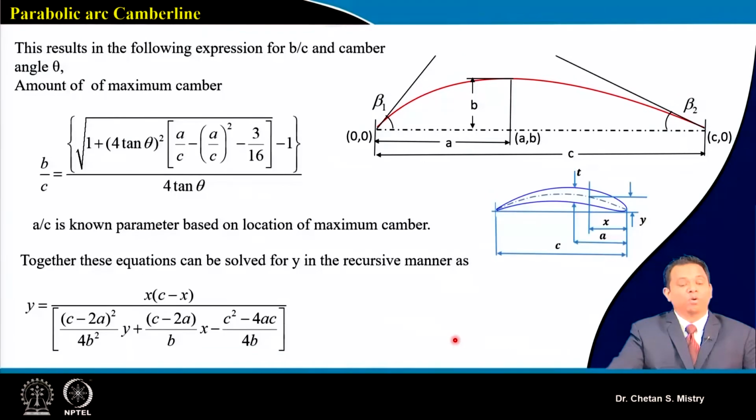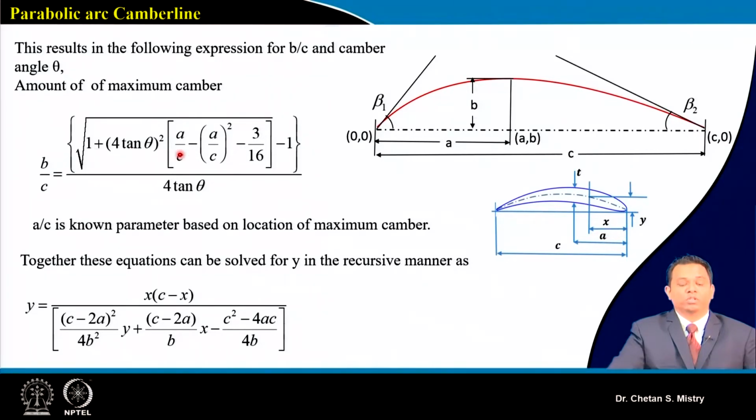Now, we are more interested in having our formula in the form of camber angle. So we will consider this equation, which needs to be represented in the form of B by C, and that is a function of my camber angle. So the amount of maximum camber, and this location we are discussing, B and C, can be calculated based on this formula.